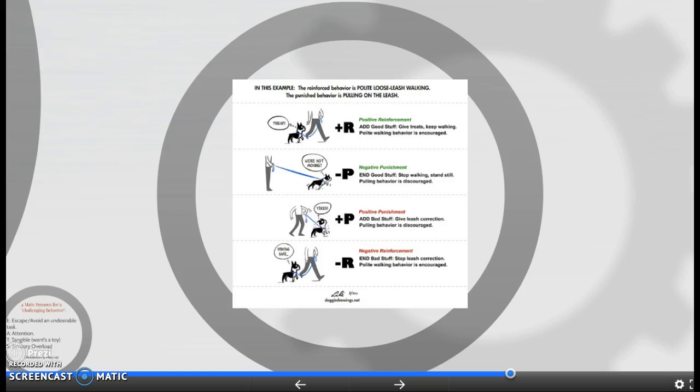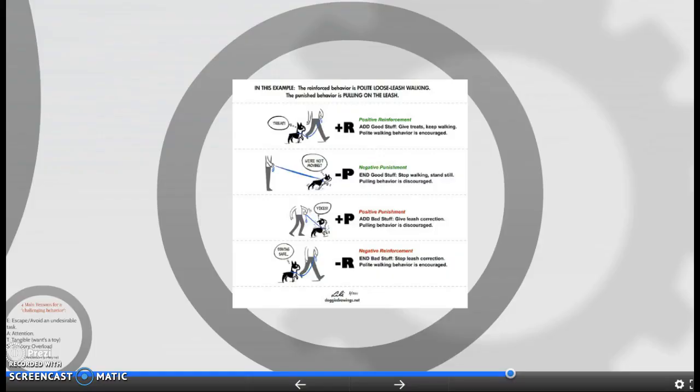But a positive punishment is adding bad stuff. That's leash correction, tugging on the leash when the dog isn't doing what you want. That's adding more chores to a child's list who's not paying attention to you, and things like that.